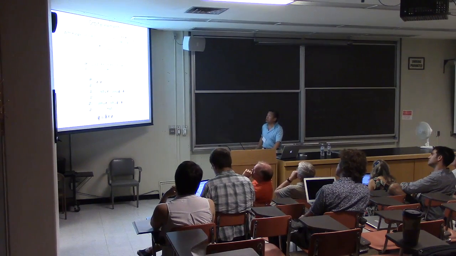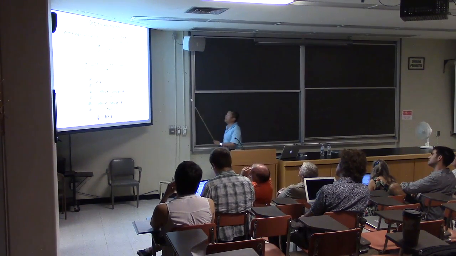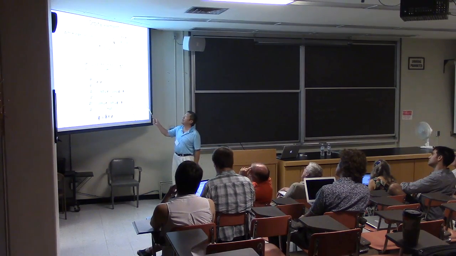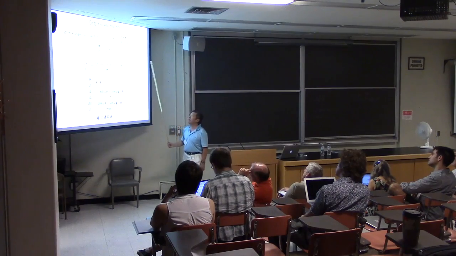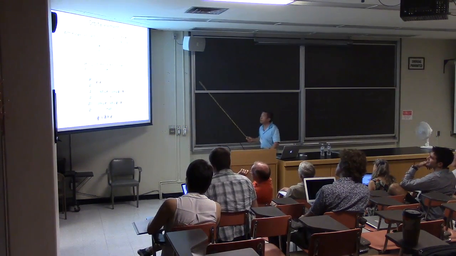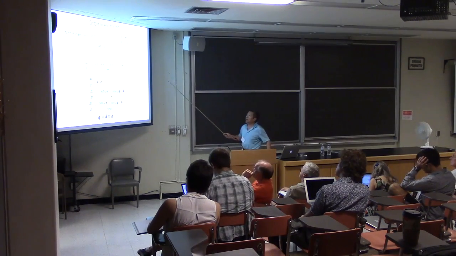Okay, so I mentioned orbital elements. A very important orbital element is this thing called the Runge-Lenz vector, because it contains information about both the magnitude of the eccentricity and the direction.